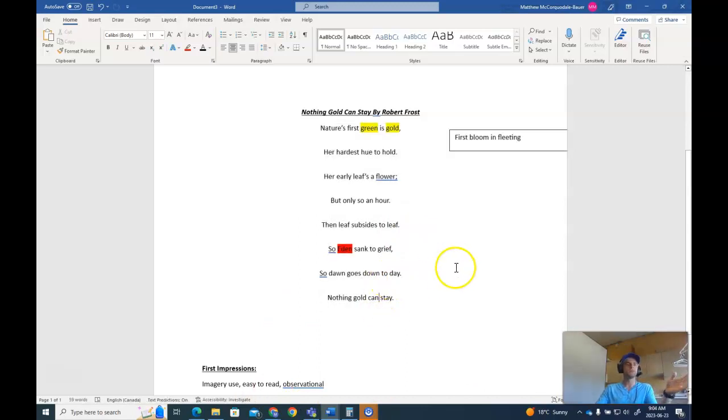Okay, so we've done our pre-close reading, and now we have to key in on a few facts. Since I'm using this to introduce the poem that you're going to be researching and analyzing, I do want to talk about this concept of allusion. So let's go to Eden sank to grief.